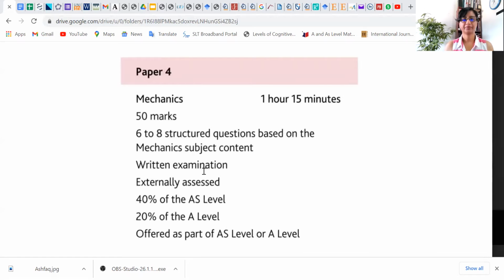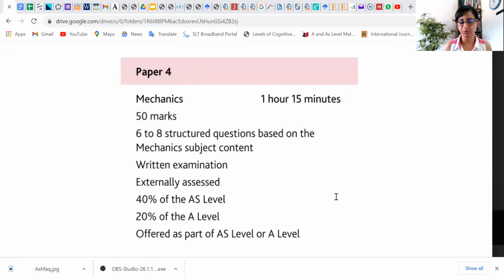I also want to show this. This is paper 4. There are 6 papers altogether. This is paper 4, and it's the shorter paper. Out of the 4 components you do 2 long papers, 2 short papers. Mechanics and statistics are the short papers. So it's 1 hour, 15 minutes, and it carries only 50 marks, whereas your P1 and P3 carry 75 marks.